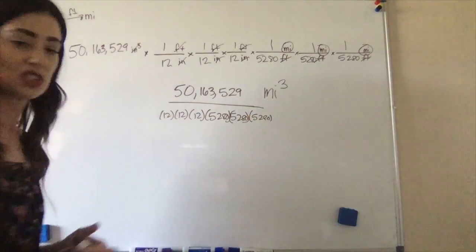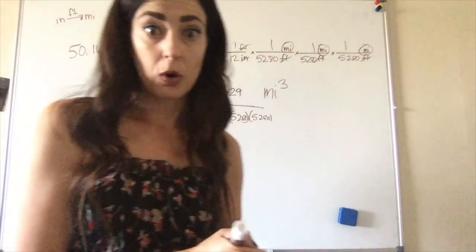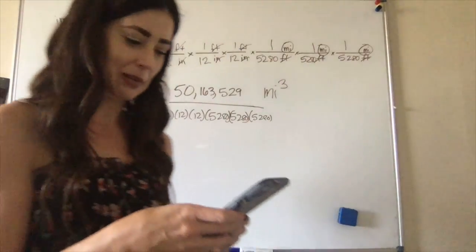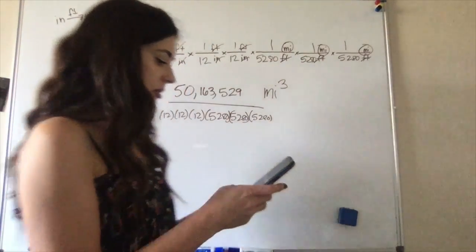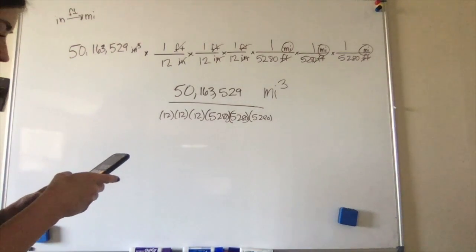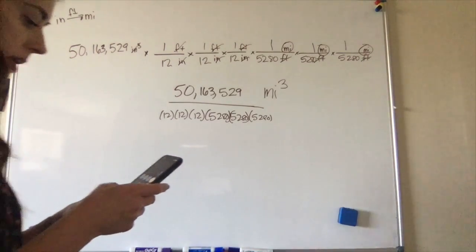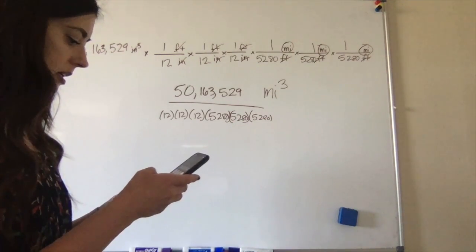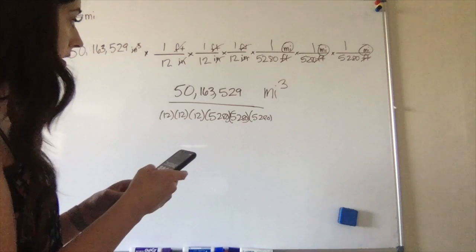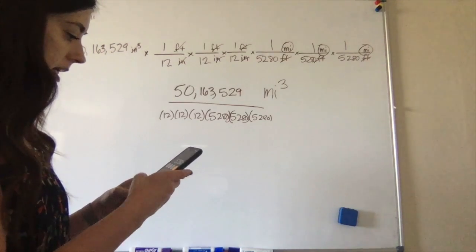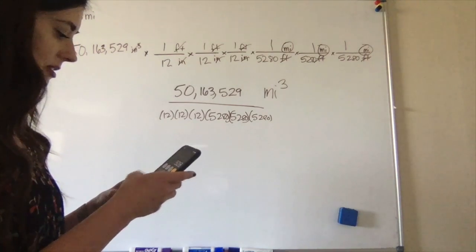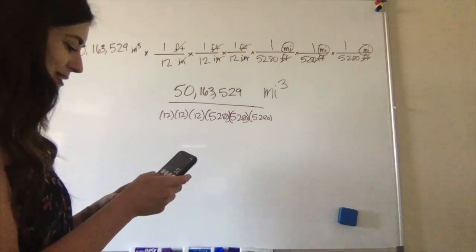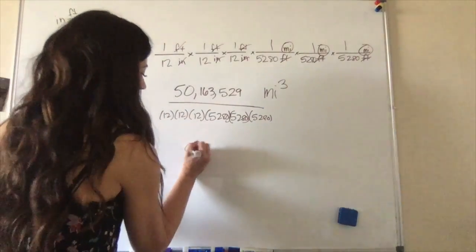All right, so you can leave it like that, or you can do the math. Let's see what it comes out to be. 50,163,529 divided by 12, divided by 12, divided by 12, divided by 5280, divided by 5280, divided by 5280 equals 0.